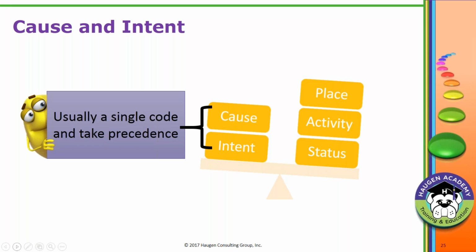Codes for cause and intent, including those medical misadventures, do take precedence over those codes for place, activity, and patient status as well.